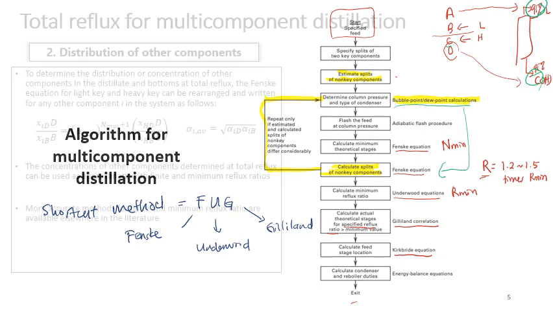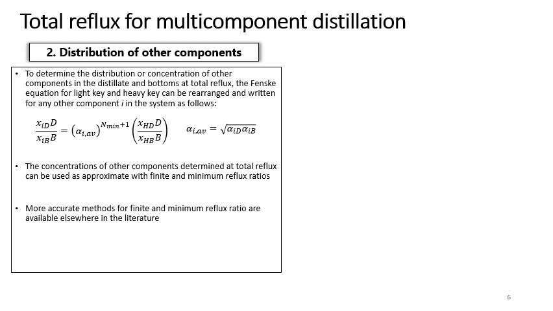Okay. At total reflux for multi-component distillation, we can use the Fenske equation to calculate the distribution of other components in the tower. We can do this by modifying the Fenske equation to replace the light key and heavy key components in the distillate and the bottom, to be rearranged and written for any component I in the system.